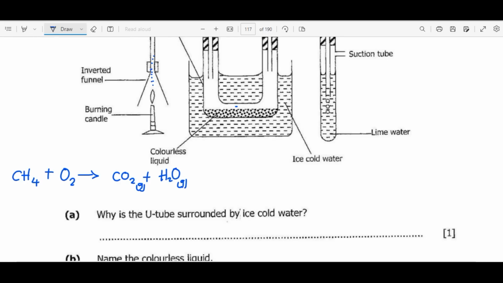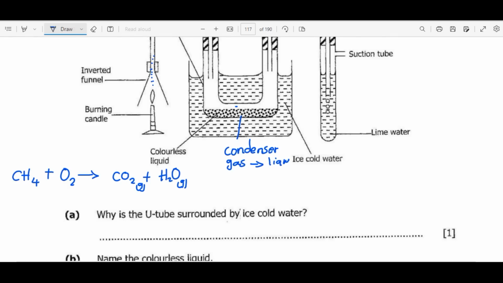So the two products that we are expected to have here are carbon dioxide and water, and these two are in gaseous state. Now the reason why the U-tube is surrounded by the ice cold water is that it is working as a condenser. So there should be a substance that must be condensed, and to condense is a change from gas to liquid.